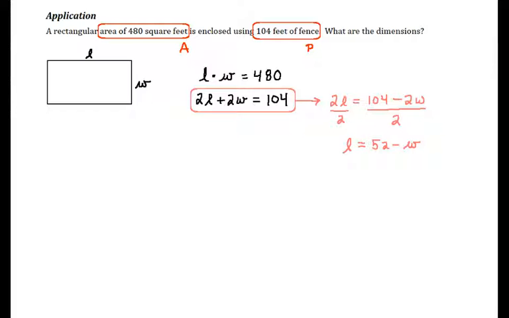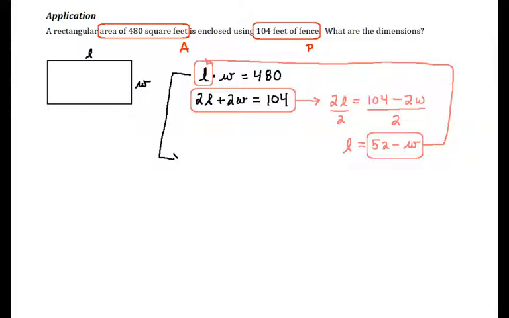I can now take this expression and substitute it into the other equation for the variable L. Doing this results in the following.